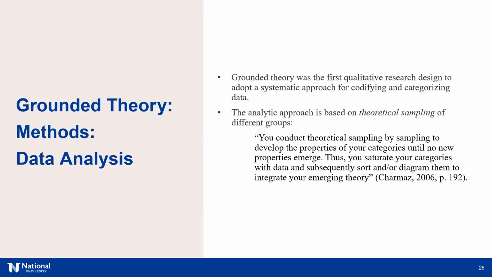I'm going to read an excerpt from Chalmers, who's one of the key writers of grounded theory today. She writes, "You conduct theoretical sampling by sampling to develop properties of your categories until no new properties emerge. Thus, you saturate your categories with data and subsequently sort and/or diagram them to integrate your emerging theory."